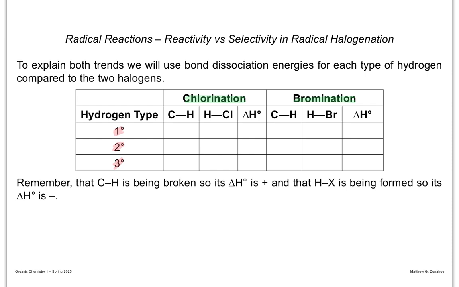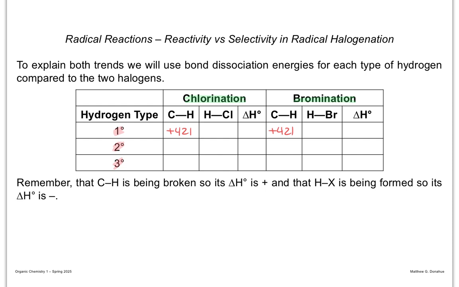So the numbers I'm going to write in these entries here, again, they come from that bond association table. So your average primary hydrogen C-H, that's plus 421. We're going to write that value for chlorine and for bromine. So that's what we're keeping constant there.